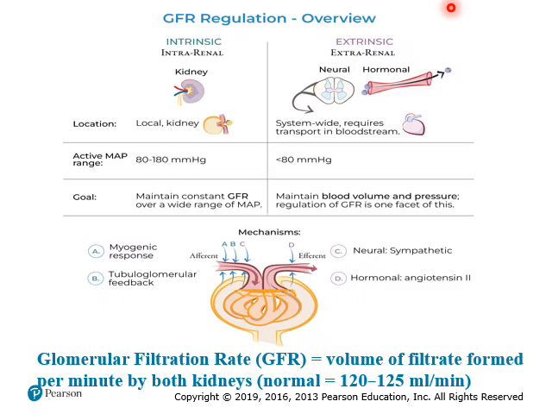The intrinsic controls function locally within the kidneys to maintain a relatively constant glomerular filtration rate despite the normal fluctuations in systemic blood pressure. These are the ones that make sure that your kidneys will be doing their job despite the fluctuations around.